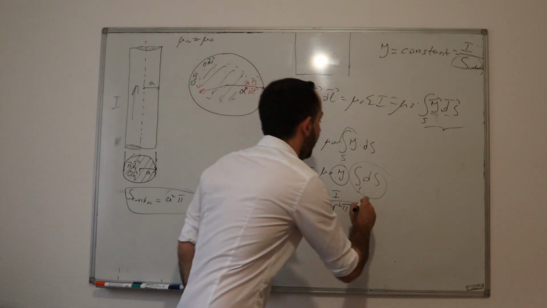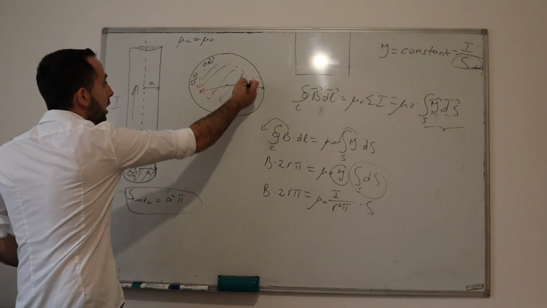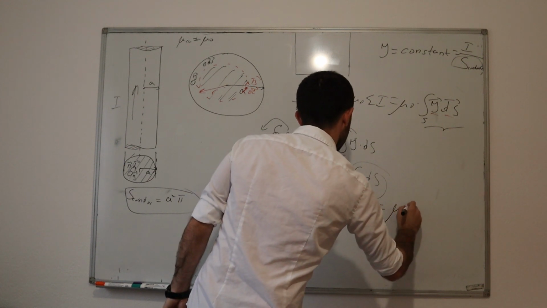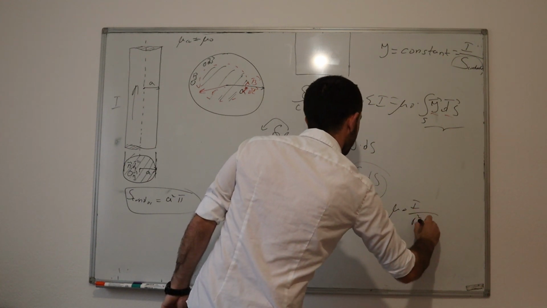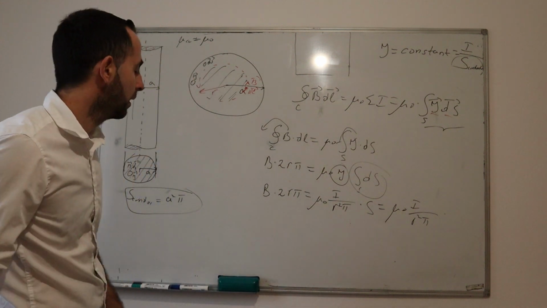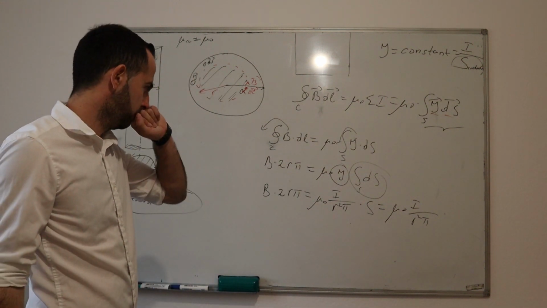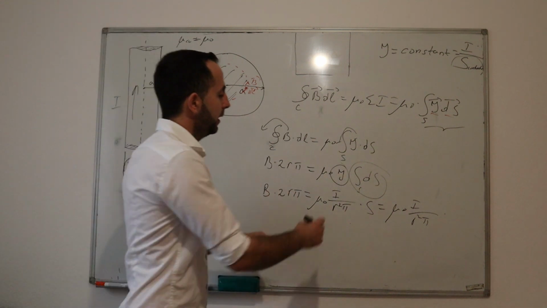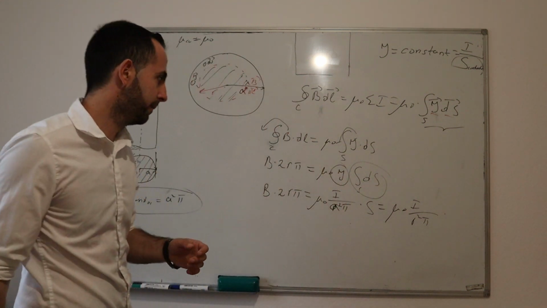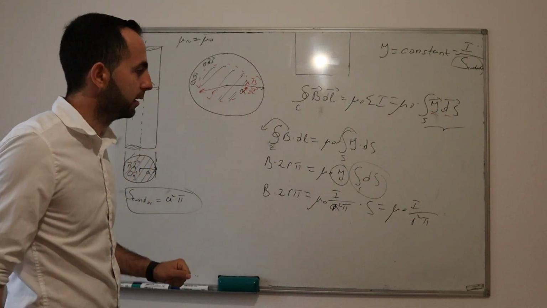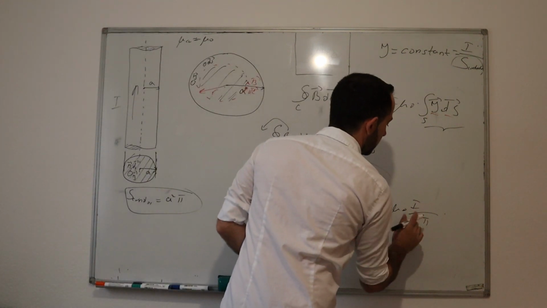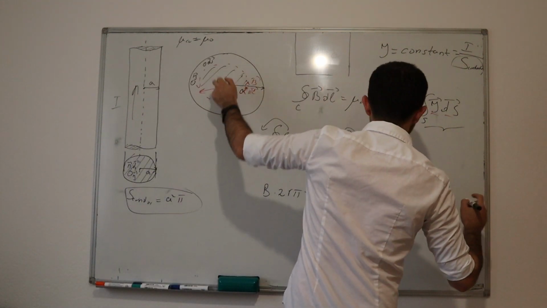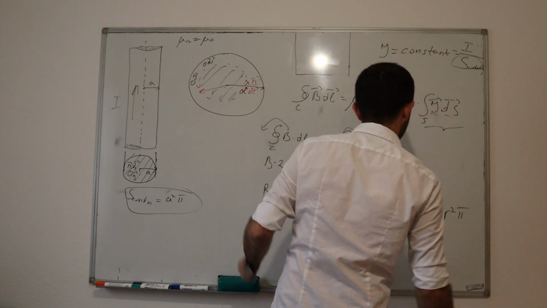Integral ds is only S, the surface, but which surface? This surface created by our closed contour, which is mu0 I r squared pi times, excuse me, here j is a squared pi, because it is the surface of the conductor, as I already told you, times S, the surface of this, which is once again a circle, it is r squared pi.